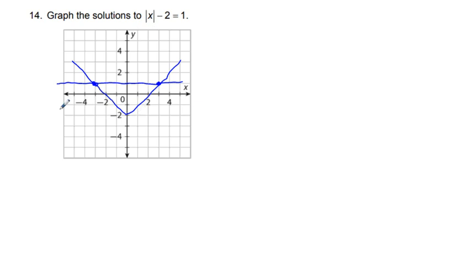But better yet, you should have put something like the point at -3, 1 here, and then 3, 1 here, and then summarize your solutions. X equals -3, 3, or you can put x equals -3, x equals 3. That'd be another way to write it.